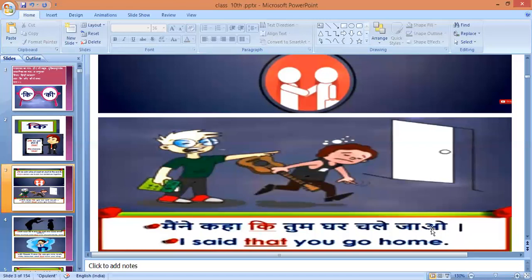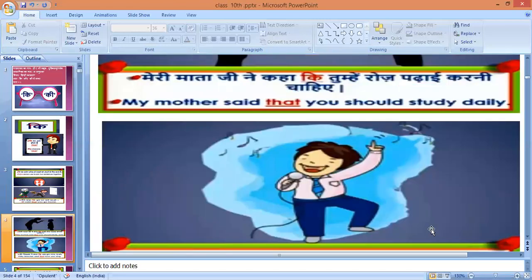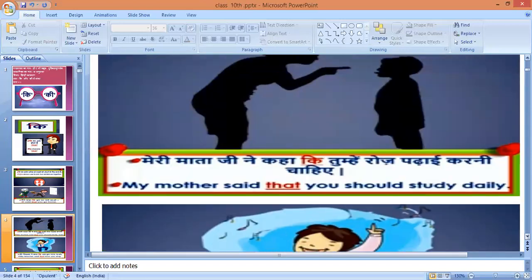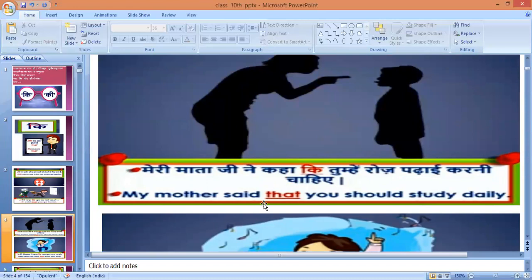One more example we see. मेरी माता जी ने कहा कि तुम्हें रोज पढ़ाई करनी चाहिए. What did mother say? My mother said that you should study daily. What is the mother's dialogue? You should study daily.